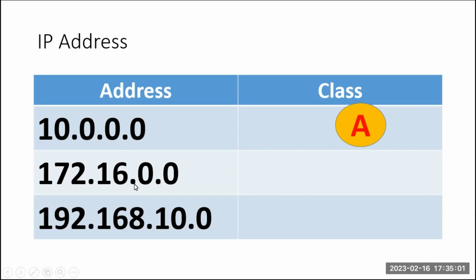Which class is the second one? Class B. And what's the reason? What's the range of the first octet for class B? I don't really have that information on the tip of my tongue, but just looking at it, I noticed that the host address takes up 8 and 8, 16 bits.